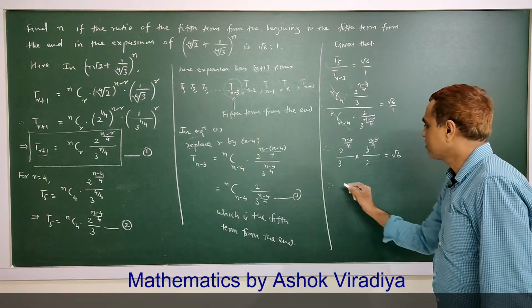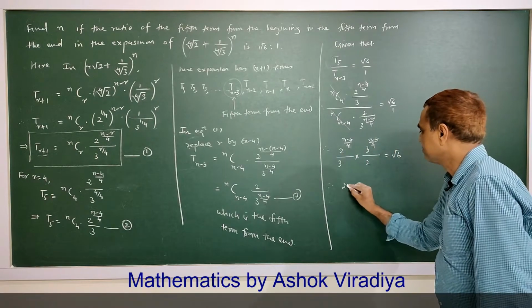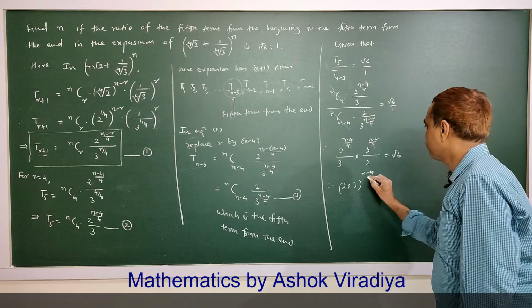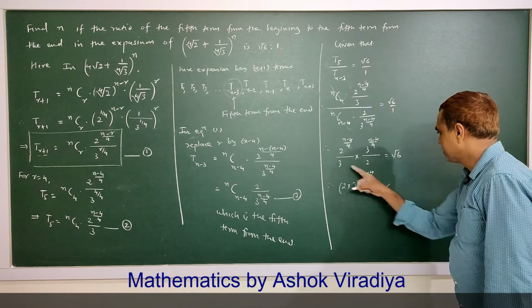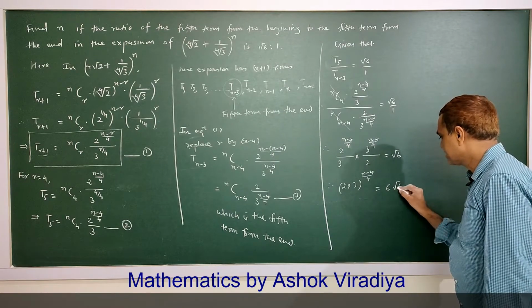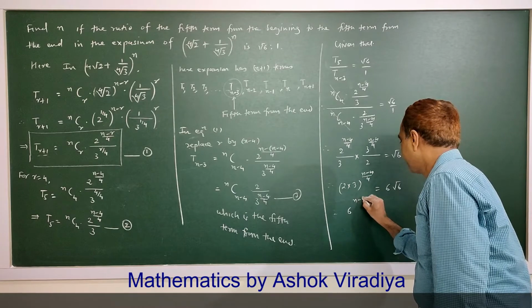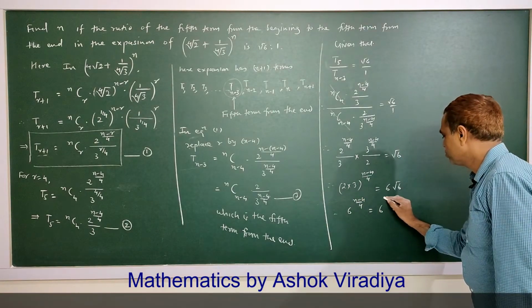Now joining these two numbers in the numerator, 2 into 3 raised to (n-4)/4 equal to 6 root 6. So this is 6 raised to (n-4)/4 equal to 6 raised to 3 by 2.